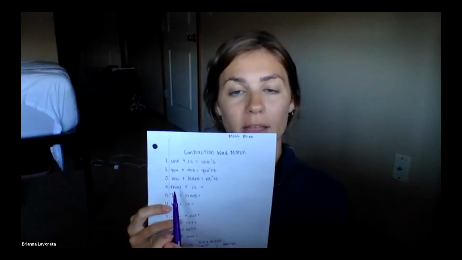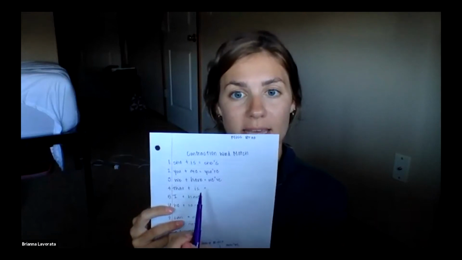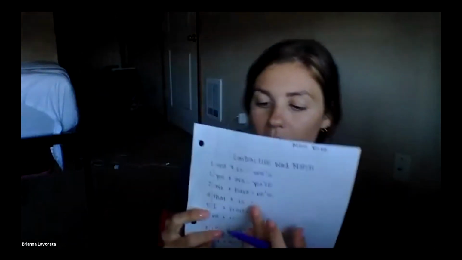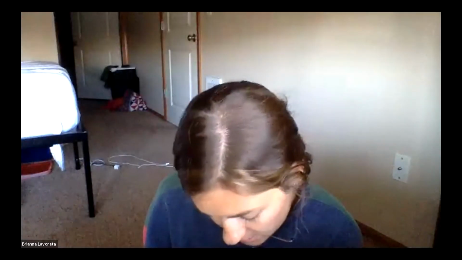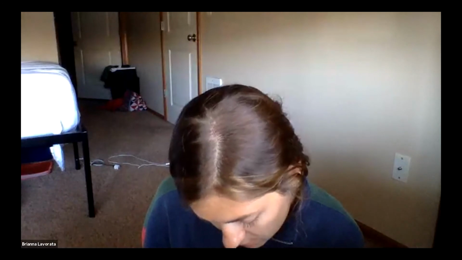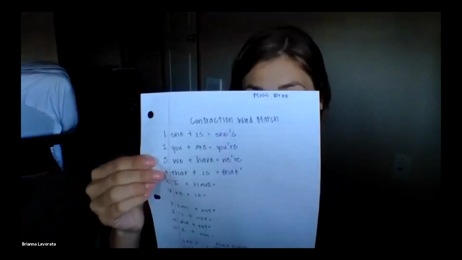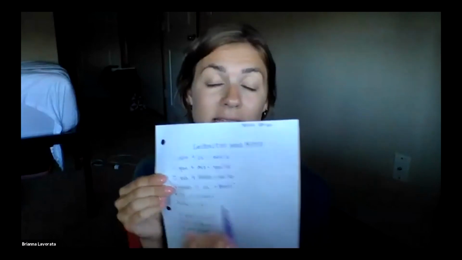Number 4, that plus is, okay? First step, always write that first part of your word, that. Okay, I'm going to put an apostrophe after that because I know I've already written the first word. It's done. That is. Whenever you see an is, you're going to always end that with just an S, okay? You're going to always take away the I. It just means that's, right?